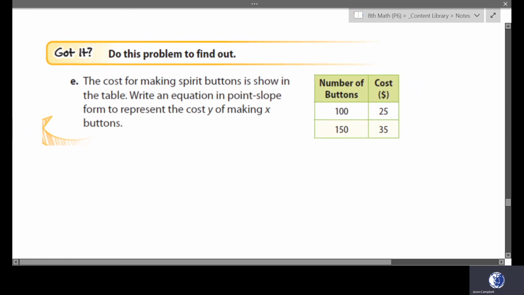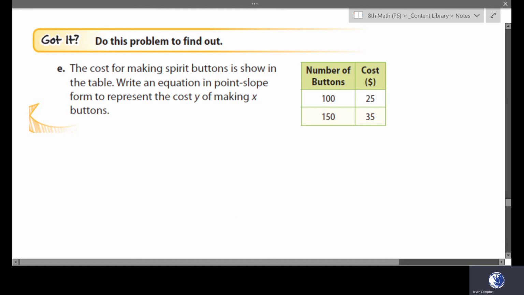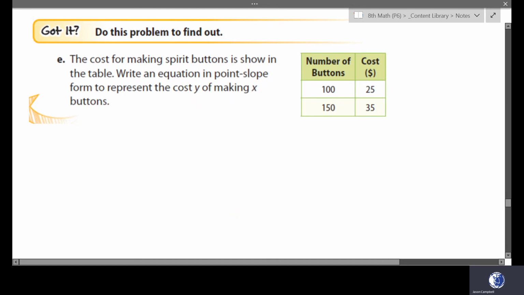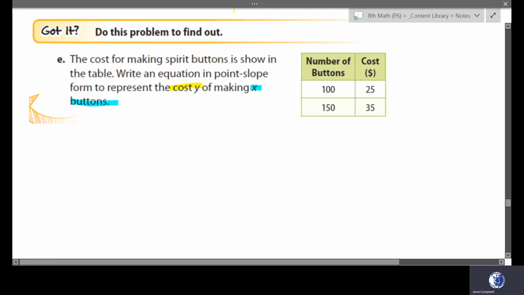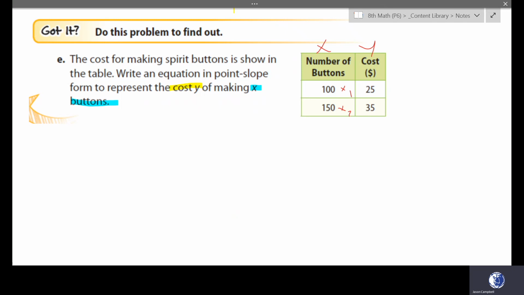Got It E says the cost for making spirit buttons is shown in the table. Write an equation in point-slope form to represent the cost y of making x buttons. So again, we have x, y. We can call this x1, x2, y1, y2.